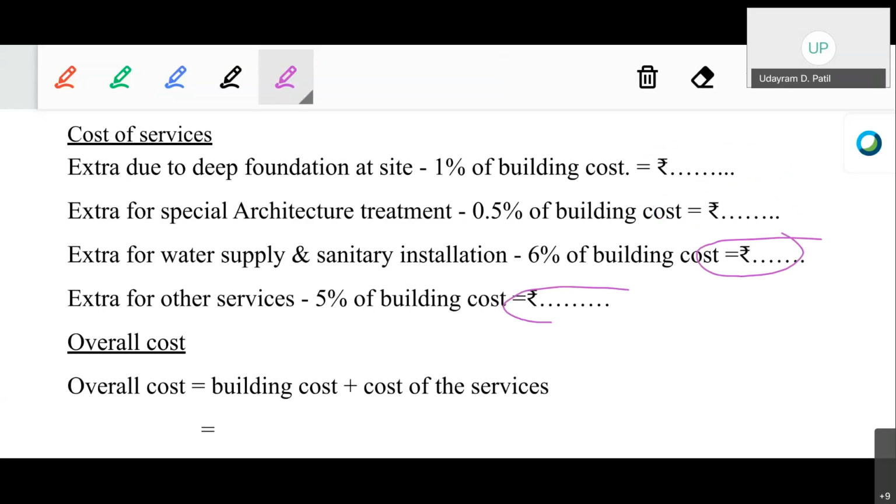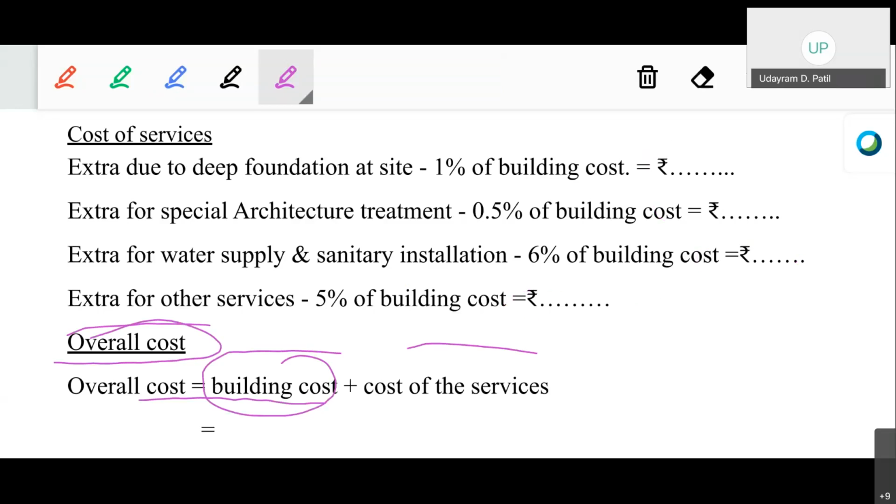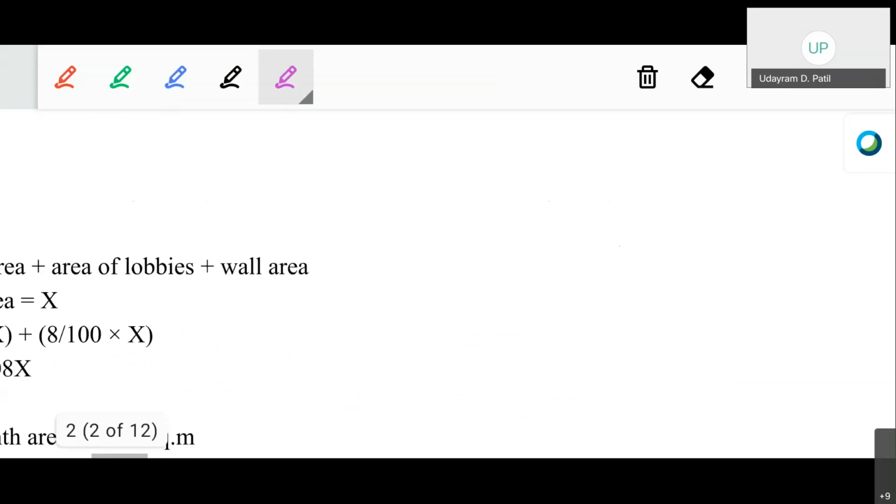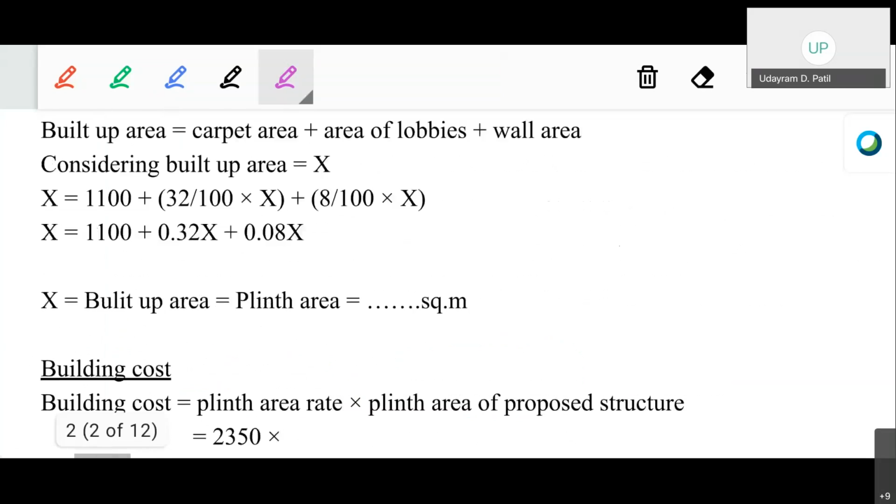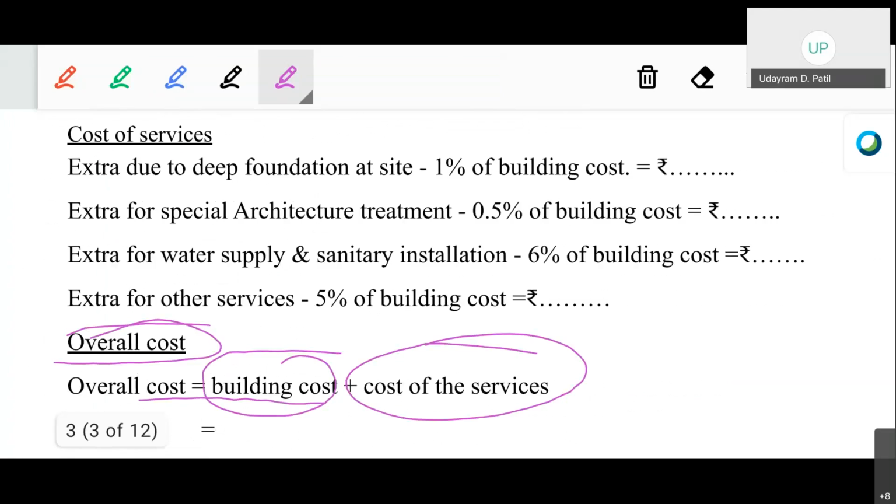And for the building other services, the cost is 2,15,417.45 rupees. Now again, as we already know the next step, that is overall cost. Overall cost equals total building cost plus cost of the services. We already calculated the building cost. Adding the building cost and the cost of the services will give us the overall cost.